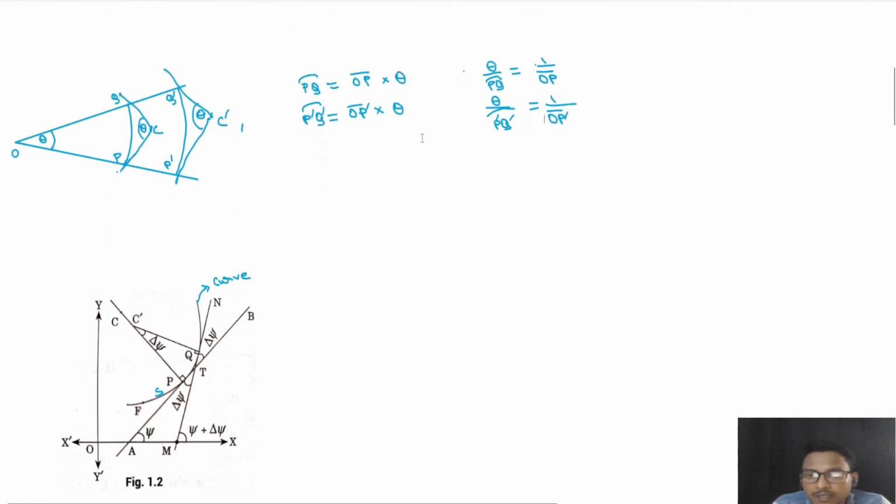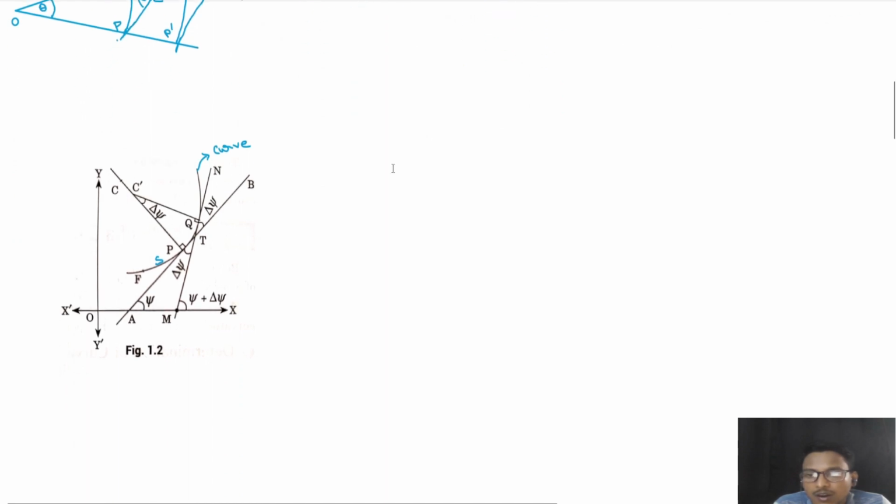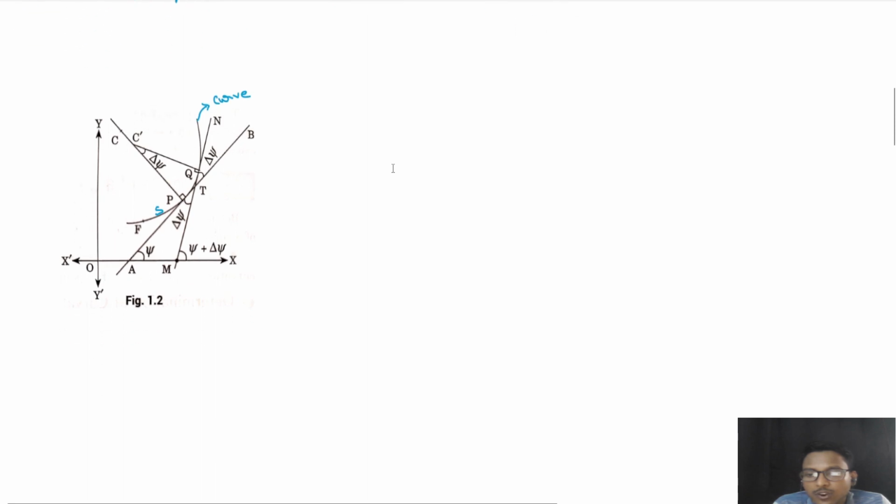So now with this discussion we will go to the formal analytical definition of curvature. For that, consider figure 1.2. In this figure, assume that we have the curve FPQ, and Q is a point which is very close to the point P, and assume the coordinates of P as (s, psi).